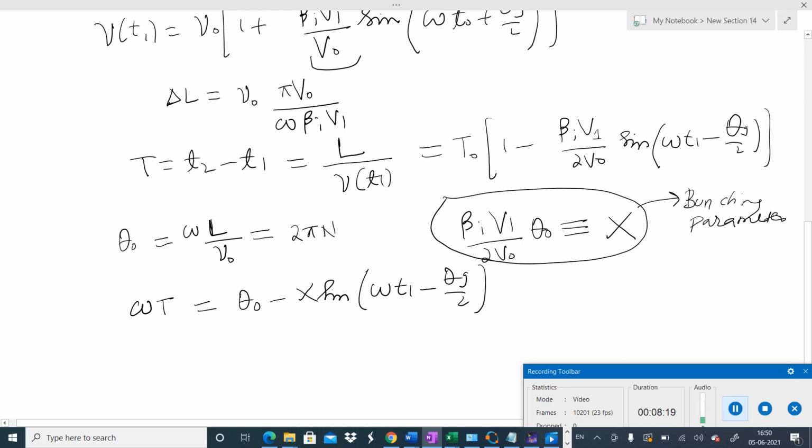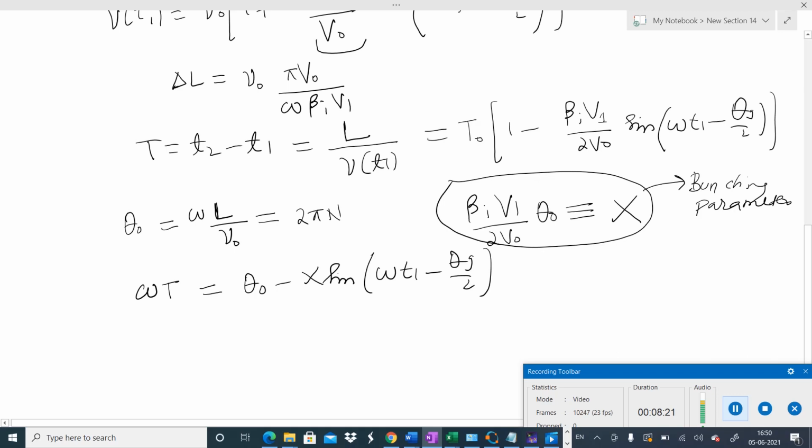Also, by conservation of energy, corresponding to the current I naught in the buncher gap during time dt naught, the same charge will be present in the catcher cavity when the current there is I2 during differential time dt2.